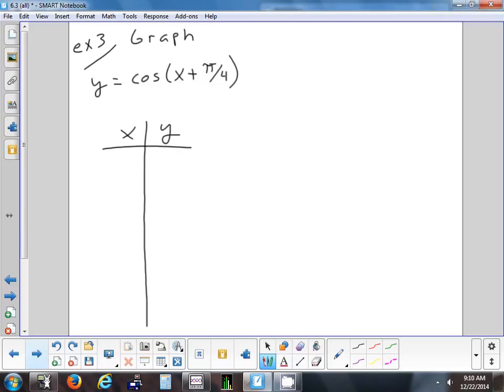So there's 3 pi over 4, 5 pi over 4, keeping that gap the same. And I think I'm going to need one more. 7 pi over 4. Any questions why we did it that way? It'd be wrong if you placed the next label, 3 pi over 4, right there. That wouldn't be keeping the gap consistent.